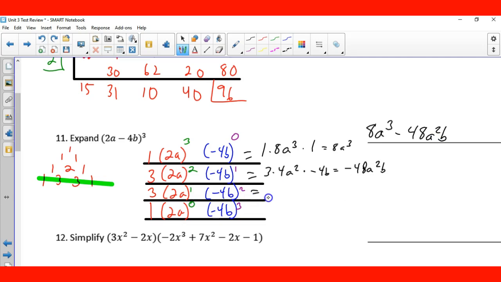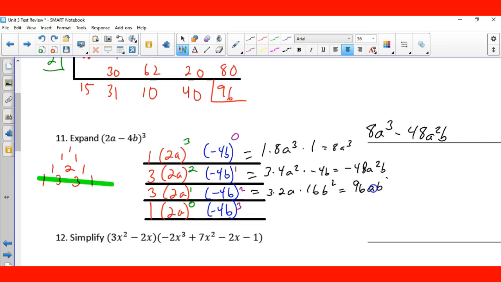Now right here, I have 3 times 2a to the first, which is 2a, times negative 4b squared. Well, remember, negative 4 squared is 16, and b squared is b squared. So now I have 3 times 2 times 16. That's going to give me 96 a b squared.